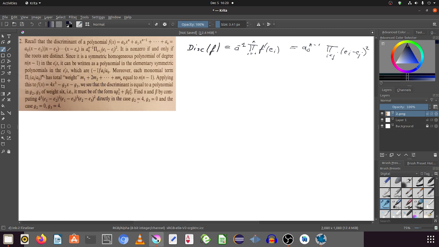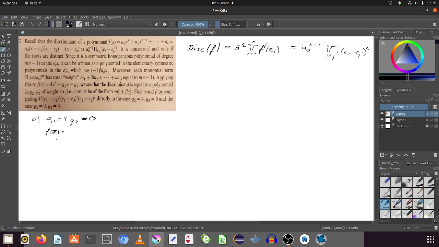So we have two examples we have to work on. One is G2 equals 4. Start down here. G3 vanishes.